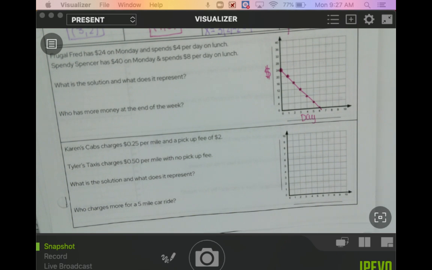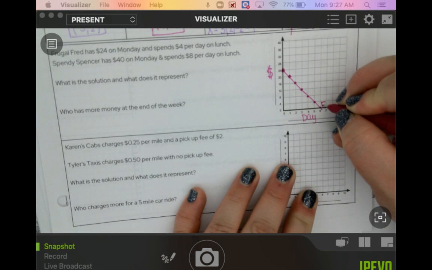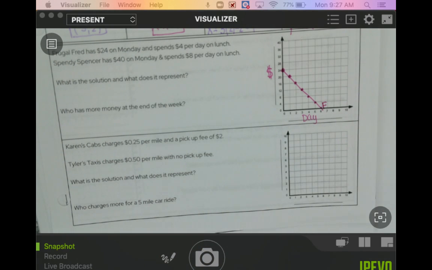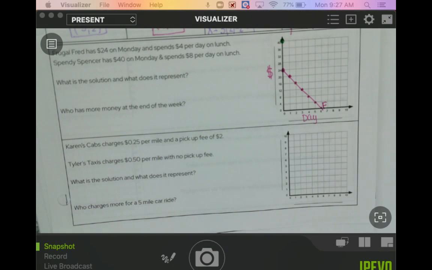And then we're going to do the same thing for Spendy Spencer. I'm going to label this line with an F for Fred so that we remember who is who. And Spendy Spencer starts with $40, but he's not very frugal. He doesn't look at his money and how much he's spending.